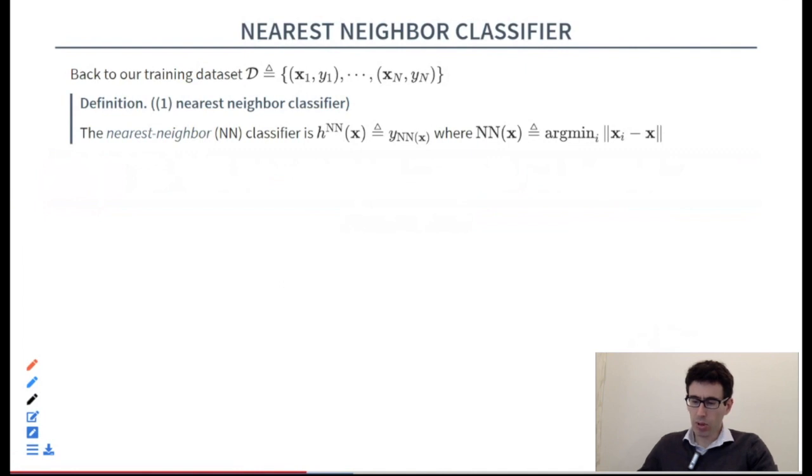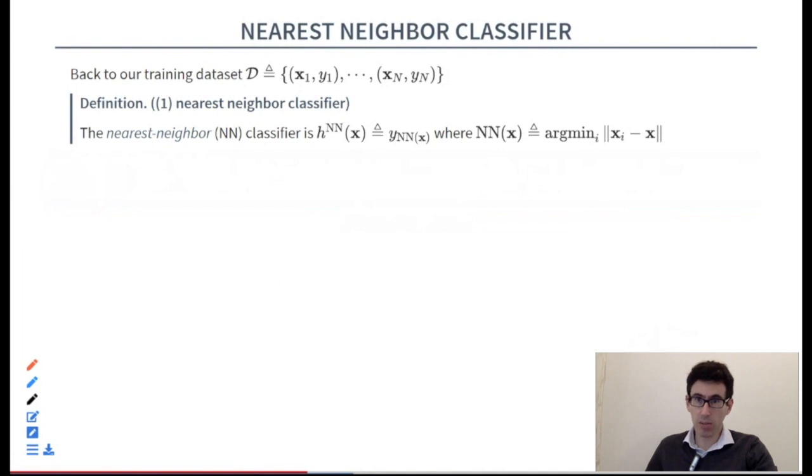The output of your nearest neighbor classifier KNN applied to a feature vector x that you might not have seen before is equal to the label of the nearest neighbor of x, where the nearest neighbor of x is simply defined as the vector in your data set xi that is the closest to the point x that you're trying to evaluate.